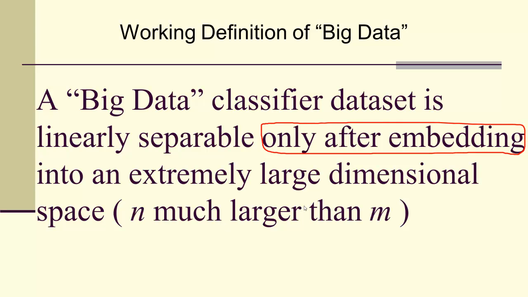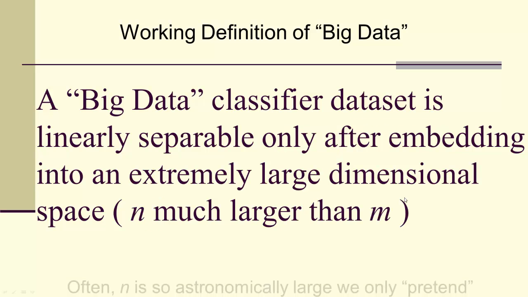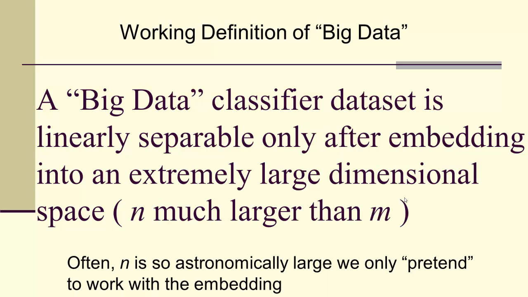And this n must be much larger. In fact, in most of our examples, n is so astronomically large we can't work in the space anyway. We only pretend to work with the embedding.